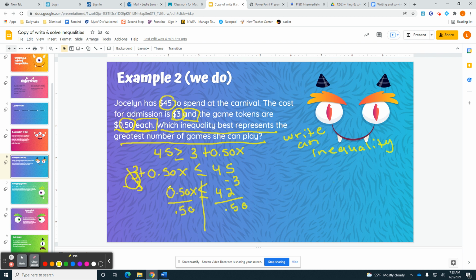So these cancel each other out and you have x is less than or equal to 42 divided by 0.50. You have to move your decimal 2 spaces back. So can 50 go into 42? No. Can 50 go into 420? Yes. How many times?